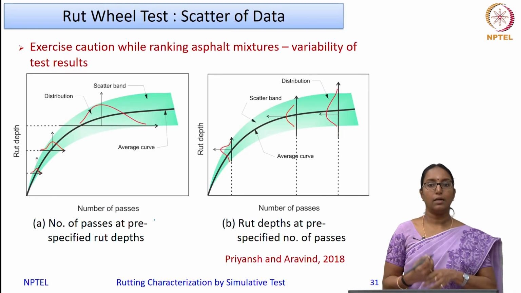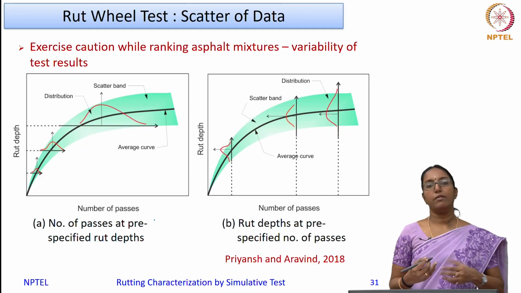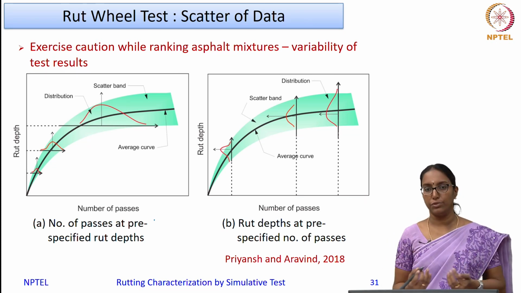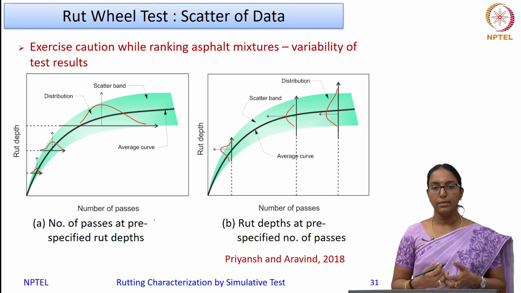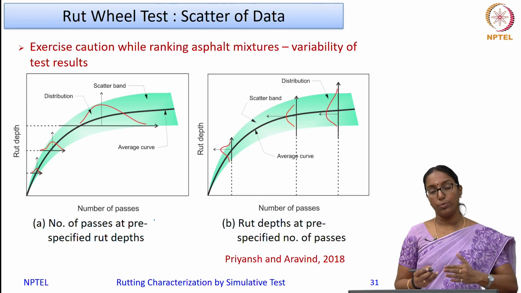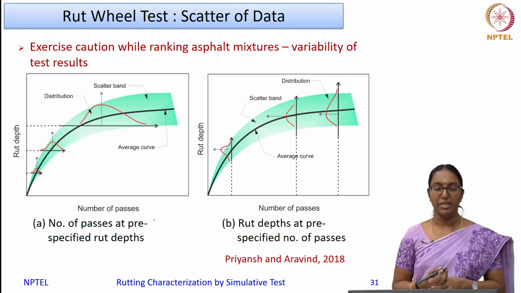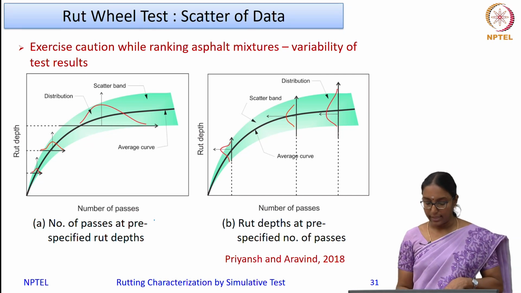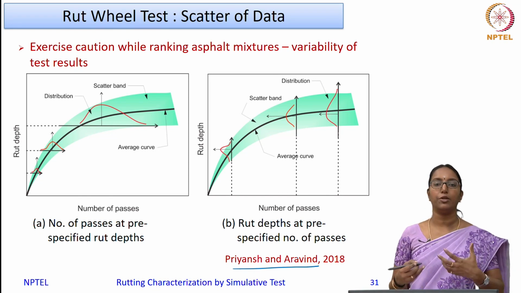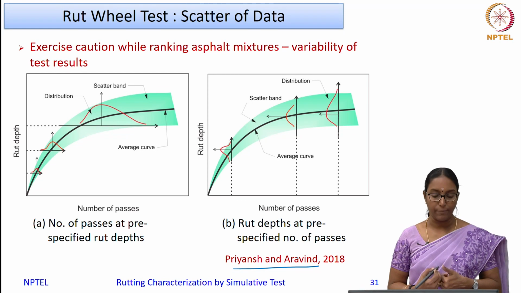Now this is a word of caution. When you use this kind of a test, as you know, this is a highly heterogeneous mixture and the repeatability is going to be very poor, or what you can say is that the scatter of data will be very large. So this is a study by Priyansh and Aravind, who have tried to see how much the variability will be when you use a test like rut wheel testing.